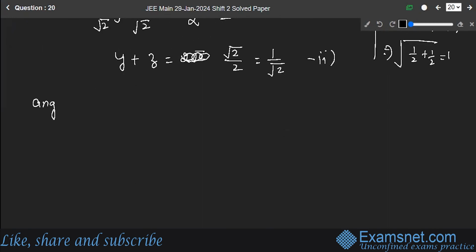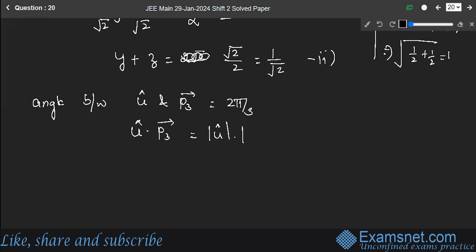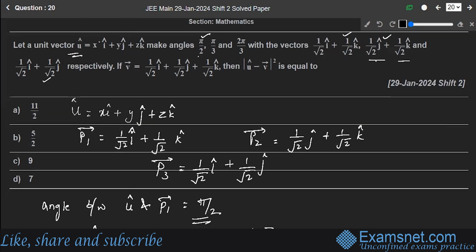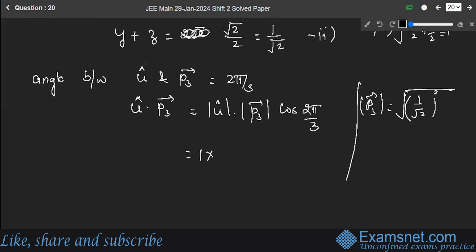Now, third one. The angle between u and P3 is 2 pi by 3. So u vector dot P3 vector is equal to the product of their magnitudes times cos of the angle between them. This is equal to 1, and the P3 magnitude is the root of 1 by root 2 square plus 1 by root 2 square.